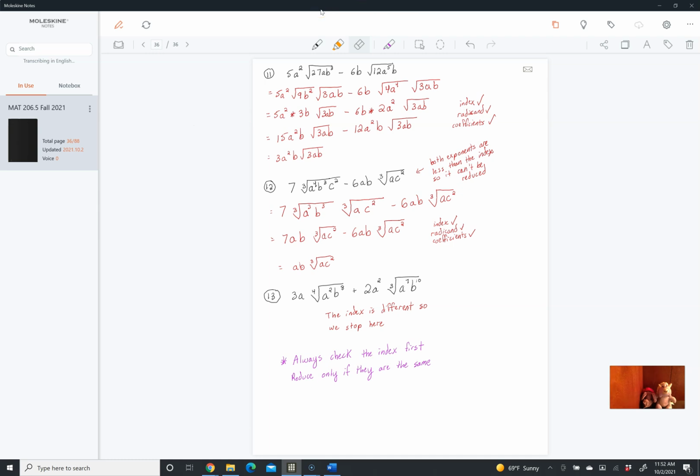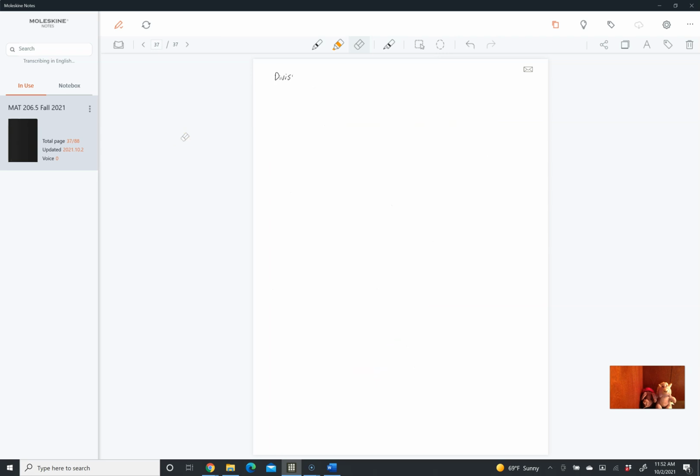Let's do division. So division seems like it would be harder, but it's actually really straightforward, because just like in complex numbers, you're not actually dividing here. All you're doing is you're getting rid of the radical. So in complex numbers, we wanted to get rid of the imaginary numbers.